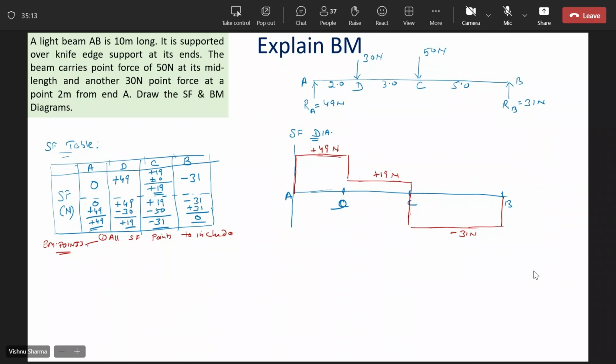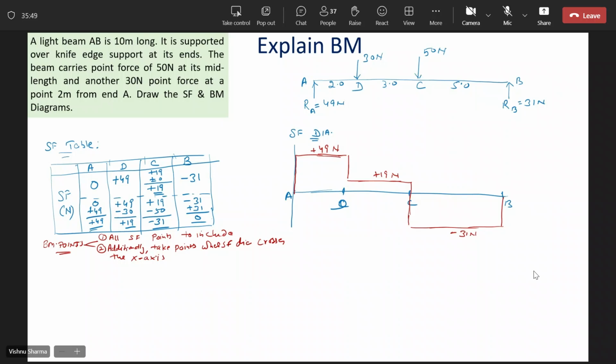In addition to that, additionally, take points where the SF diagram crosses or cuts the x-axis. So other than all the points taken for SF, please also include any additional point at which the SF diagram may have crossed the x-axis.